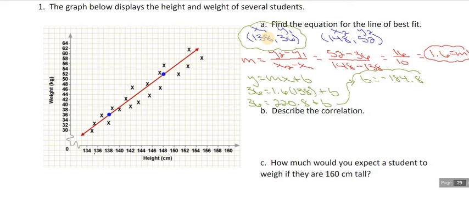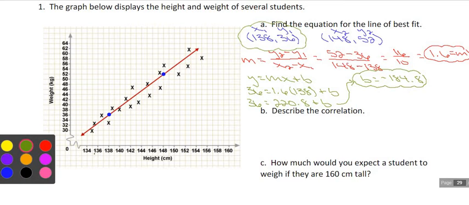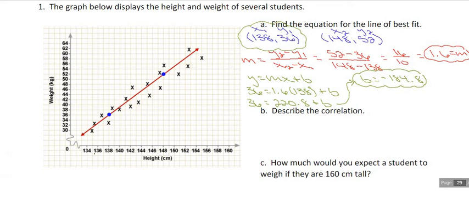Because we love slope-intercept form so much, we'll write our equation in slope-intercept form. You're not tied to it because it does say just write an equation, so we could technically do point-slope form, but slope-intercept usually is a little more friendly and gives us a little more meaning.